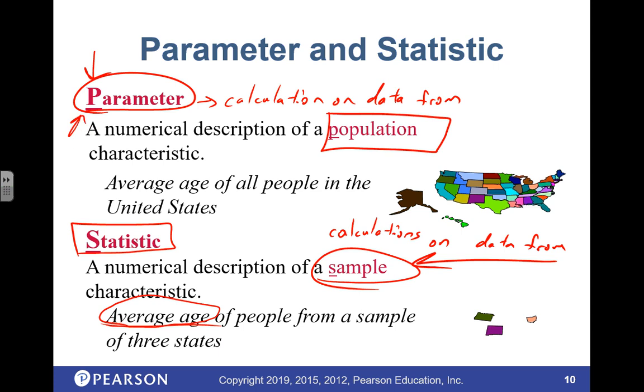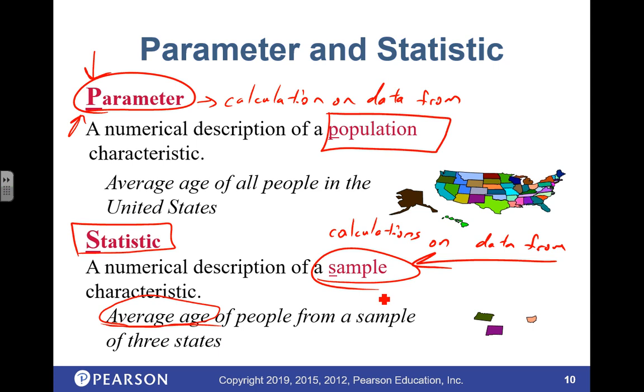But it probably is evident why we often do statistics instead of parameters: populations are often so vast, so huge, that it would take forever to do a calculation on the data from an entire population. Instead we can select a sample that hopefully is representative of the population, and do a calculation on it.